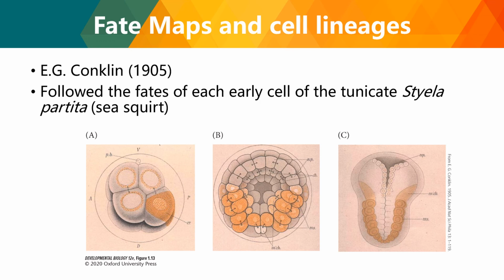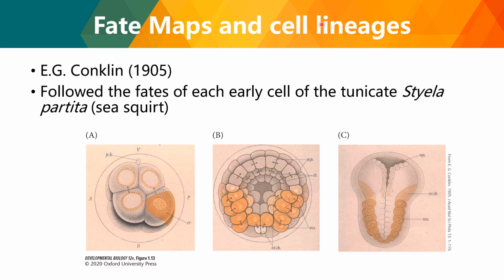E.G. Conklin in 1905, he actually tried to follow the fates of each early cell in the tunicate Styela partita or the sea squirt. So in here, you see the fates of the individual cells that has been mapped by him. So in embryos of this species many of the cells can be identified by their different colored cytoplasms.